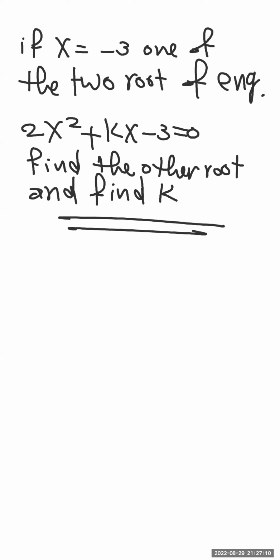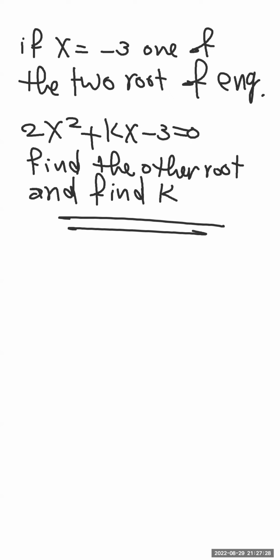Now, guys, here one of the two roots is given, and the requirement is to get the variable k and also the second root. I think this one is very easy, but think about it first.